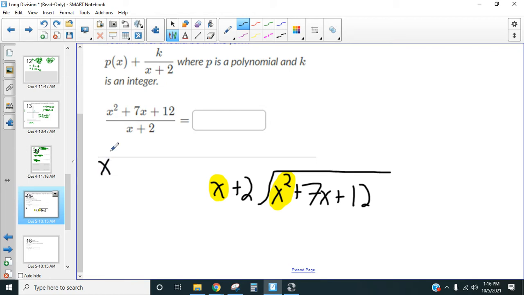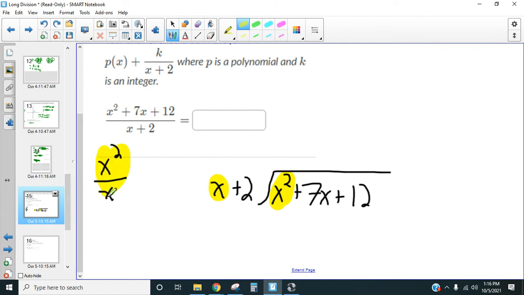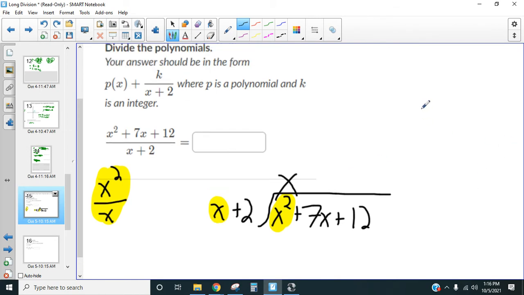This is what we started off with yesterday. We said, what's x squared divided by x? We notice whenever you divide by x, the power drops down by 1, right? We'll put our result up there, just like we did before. The number we had was, what was it again? 128.